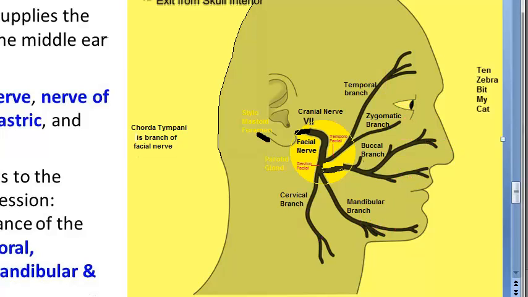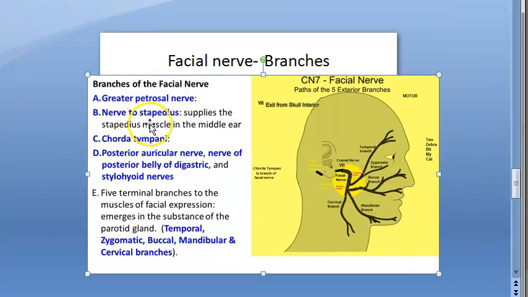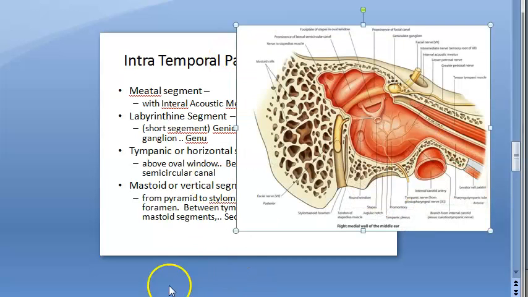But other than that, there are a lot of branches. So you have to know here the greater petrosal nerve, which you already have seen in the previous diagram. Then you have the nerve to stapedius, the stapedius muscle in the middle ear, right? That muscle, you saw that small muscle which holds the stapes bone, that one. Right? So what all nerves are there, guys? Greater petrosal nerve, which is shown here. Then you have a nerve to the stapedius muscle.